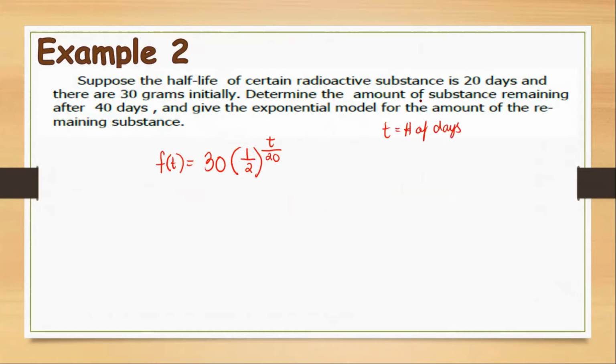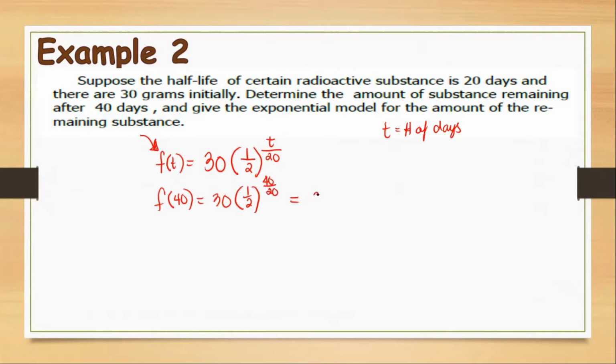Okay, determine the amount of substance remaining after 40 days and give the exponential model for the amount of the remaining substance. So this will be the exponential model, and let's check what will happen after 40 days. Okay, that is 30 multiplied by (1/2)^(40/20).